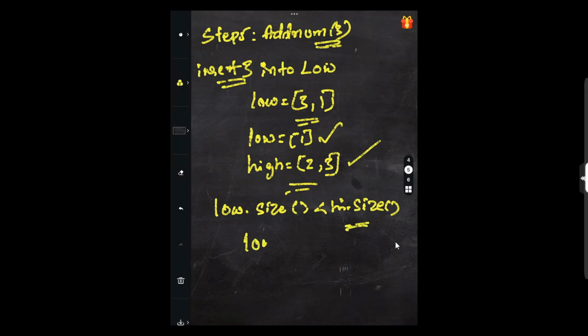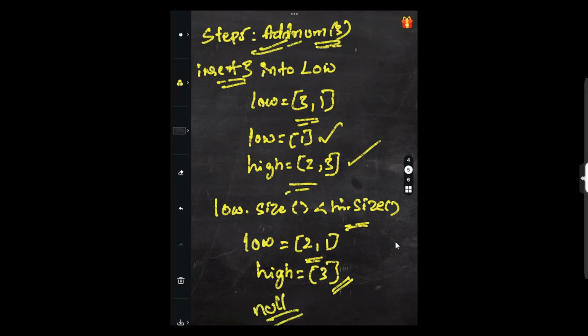Now low will be 2, 1 and high will be 3, right? I hope this one is clear. So still the output is null. Why is the output null? Again, the return value of add is null, right?